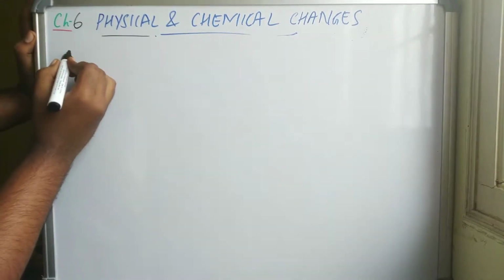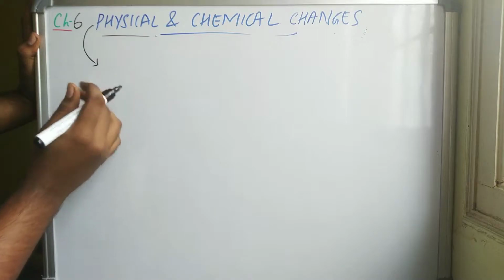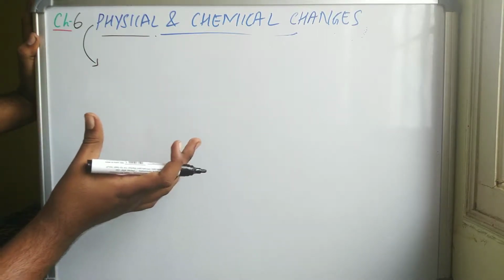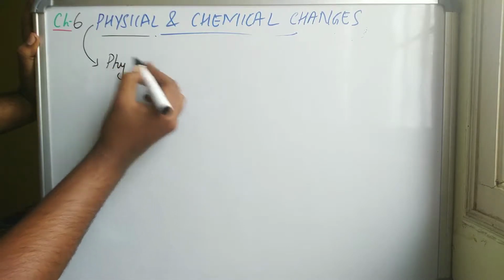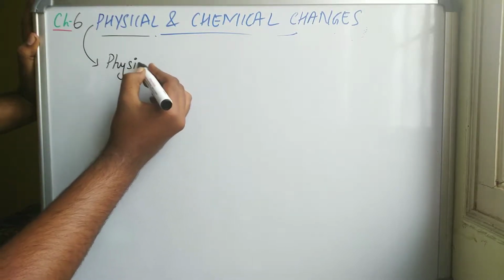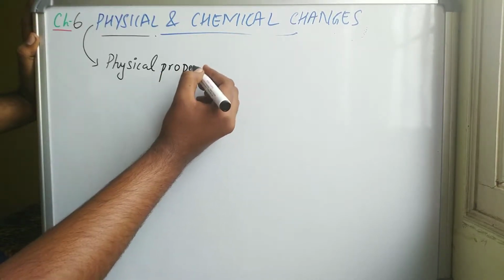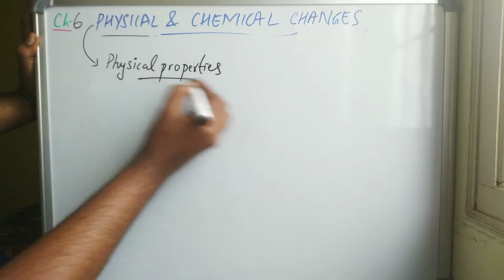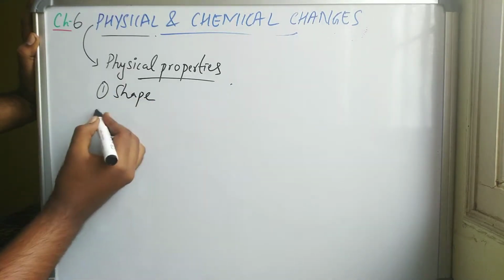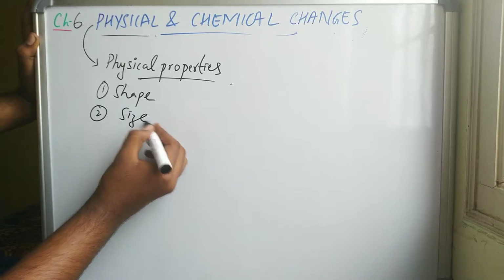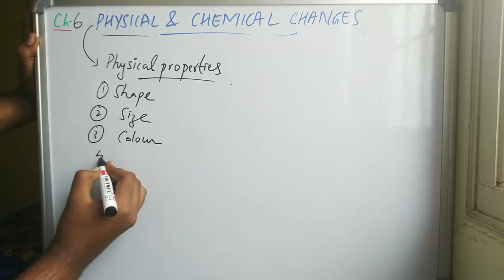Physical change basically means a change where a new substance is not formed, where there are changes in the physical properties. So what are physical properties? Physical properties may be change in shape, size, color, or state.